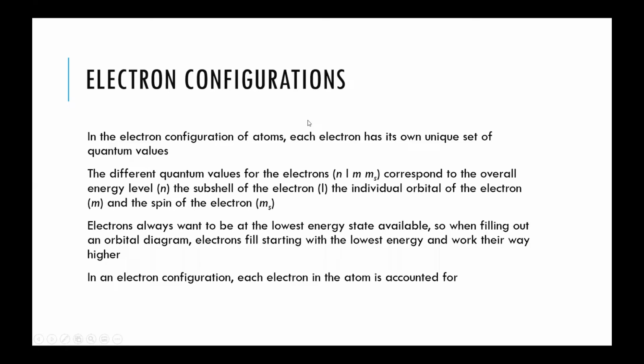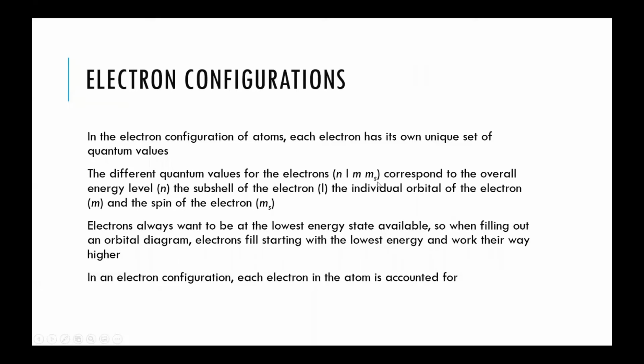Each electron in an atom has its own specific energy and its own set of quantum values that describes that particular energy. So there are things like the different energy level, the different orbital or subshell, the different orbital within the subshell, and then what's referred to as the spin within the orbital itself.